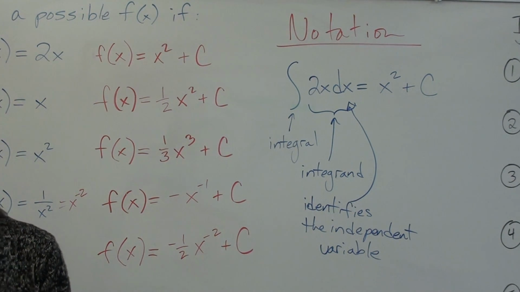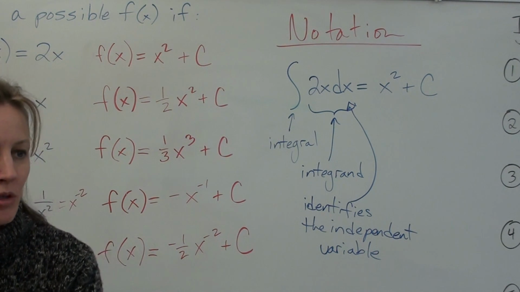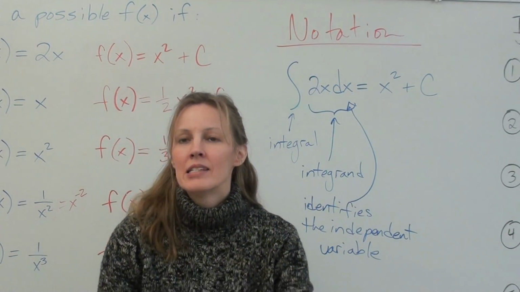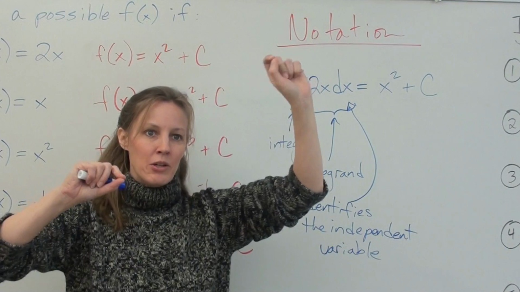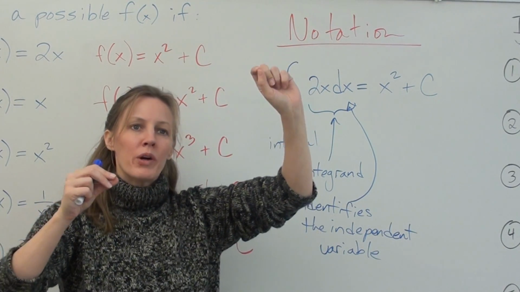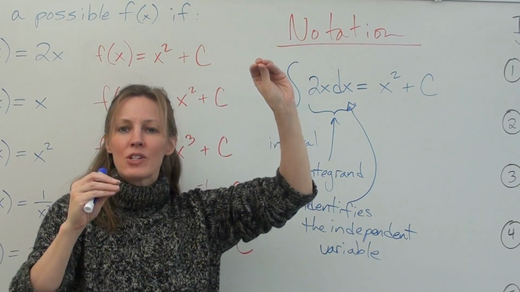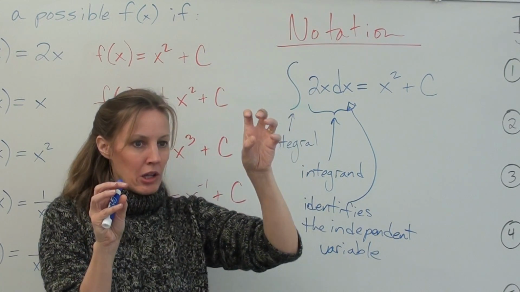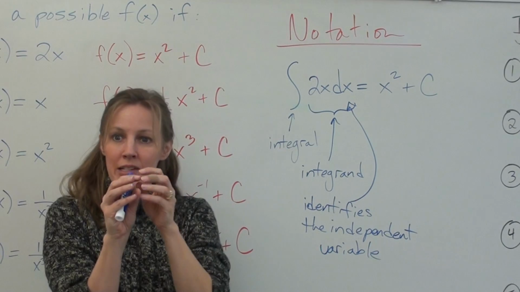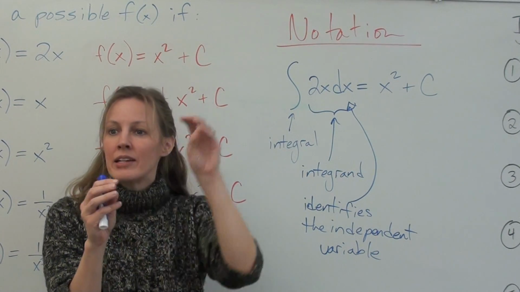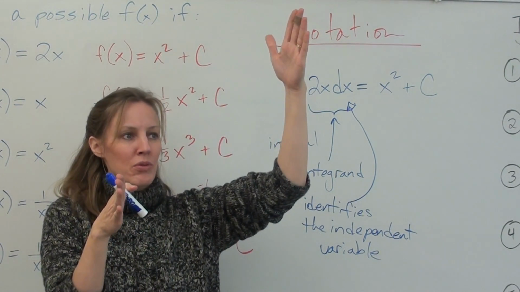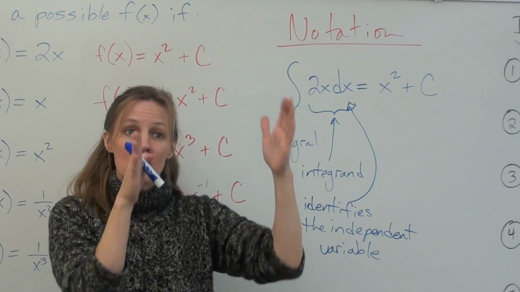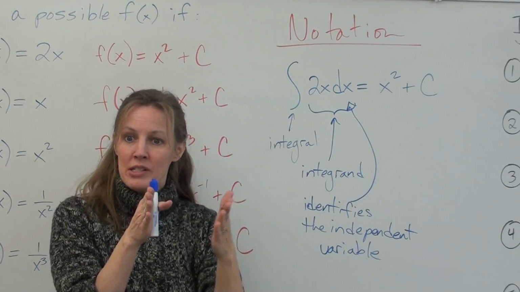The dx has a couple other purposes too. dx is actually the limit as delta x approaches 0. In derivatives, your delta x is the difference between the x values of two points on a curve. If you remember that very first day of derivatives, we found the slope of the secant, and then we brought the two points closer and closer together until it became a tangent. As we moved the two x values closer together, the delta x, the change in x, approaches 0.